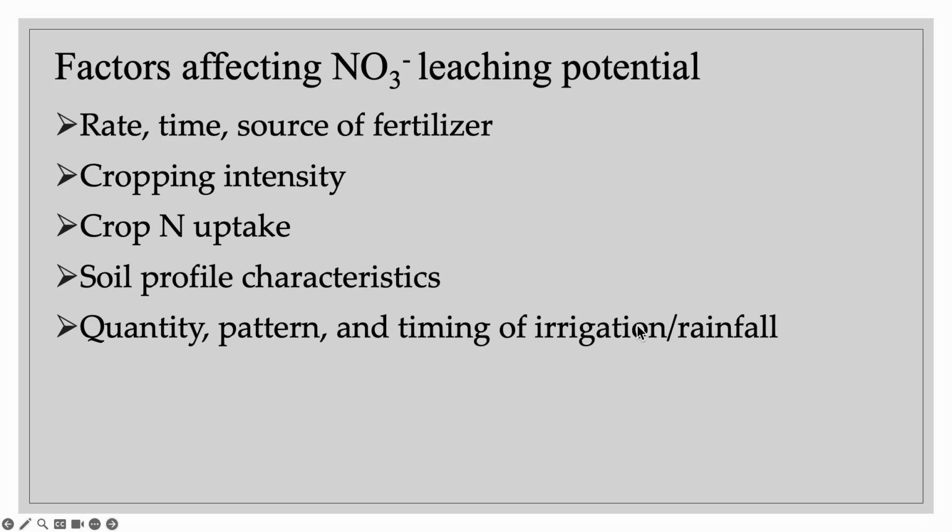And then how much rainfall do you get, or how much irrigation do you use? Is the rainfall abundant and well distributed, such that we don't have a lot of movement through the soil, but we have enough water there that plants can take that up? And if nitrate is soluble in water, well, then the plant can take that nitrate up and it doesn't go into our waterways.